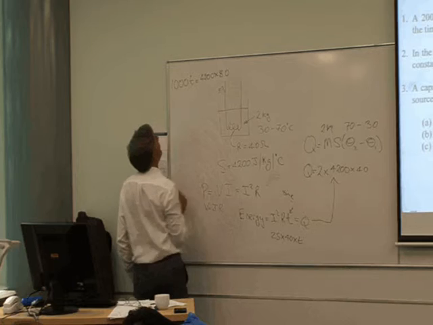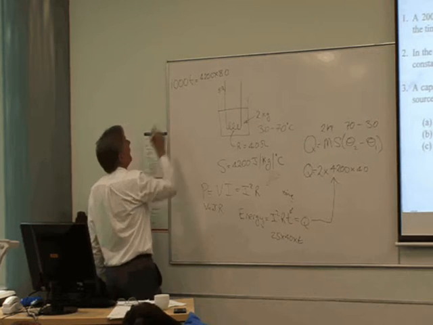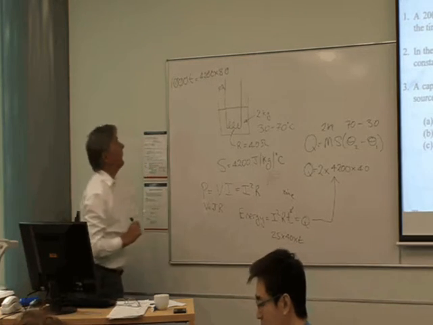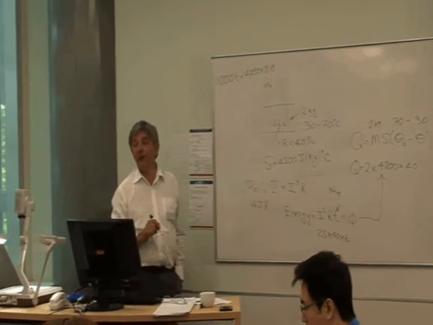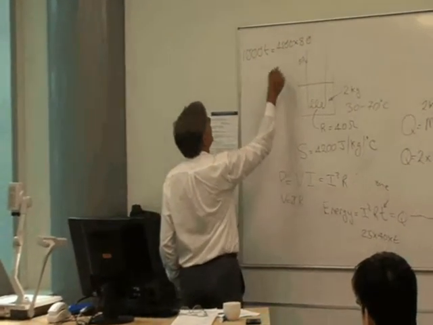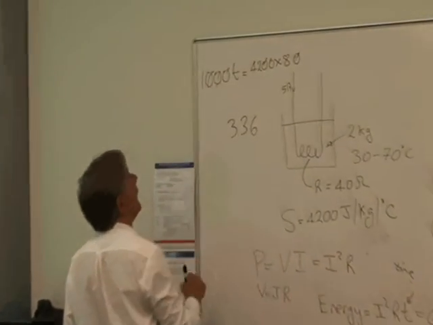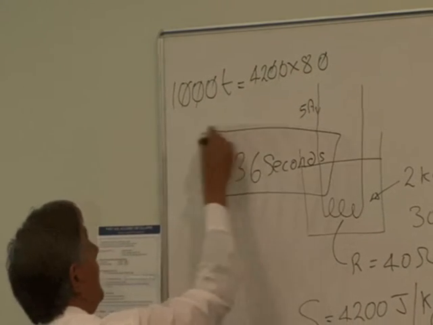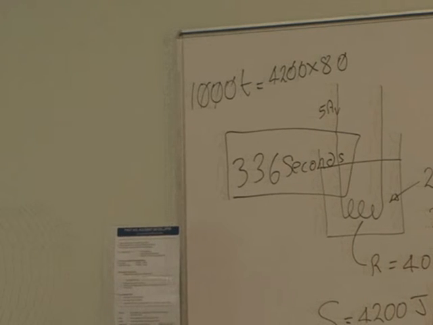If I cross those off with those, I've got 42 times 8 as our answer. If I didn't make a mistake, 336 seconds.